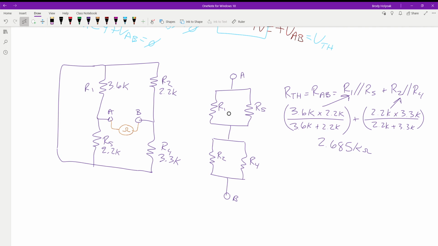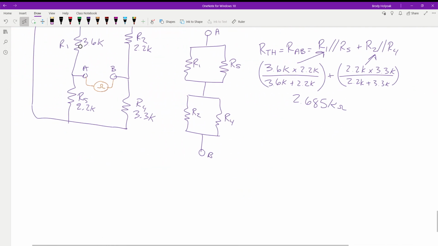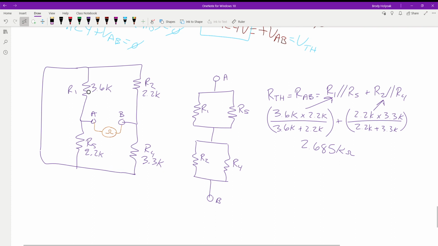Because we're connected around. How is R1 connected to R4? How many connections does it have? Just one. So we have R1 is only connected to R4 through this. So if there's only one connection between R1 to R4, what does that mean? Those are in series.